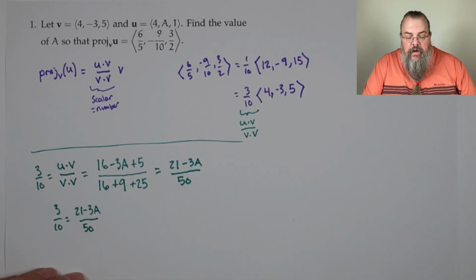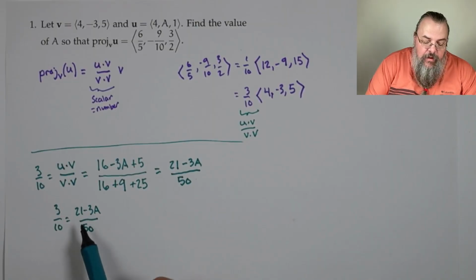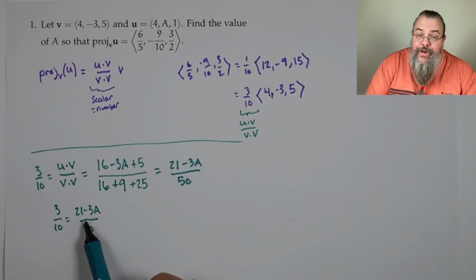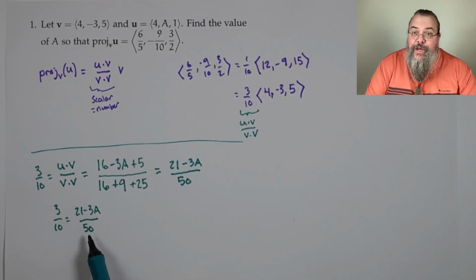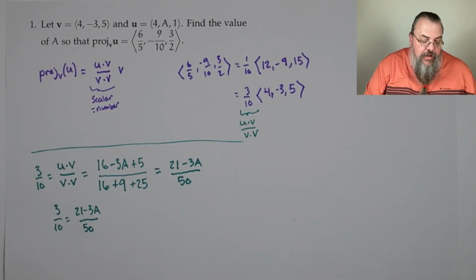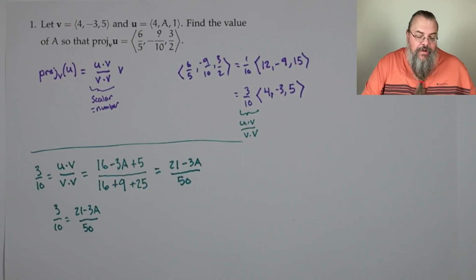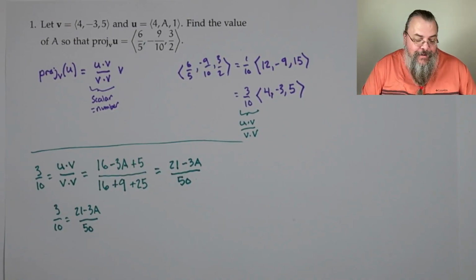And, all right, now we could do a couple of things here. One thing is, that has a factor of 3. We could pull it out. That has a factor of 10. We could pull it out and cancel. But here, I'll go ahead and say, let's cross multiply. Because, well, I'm always nervous about fractions.